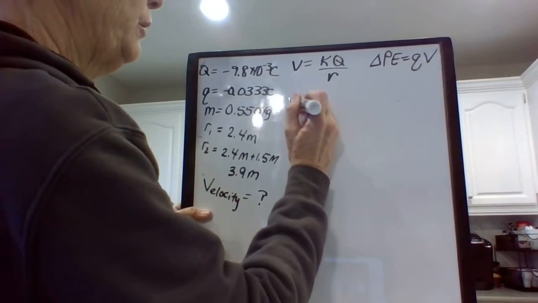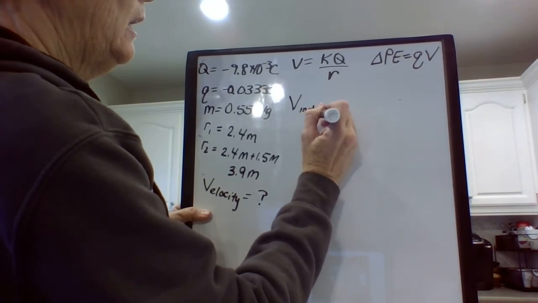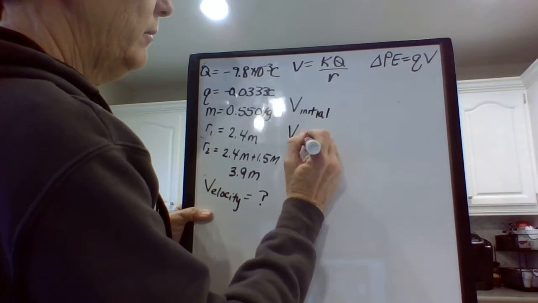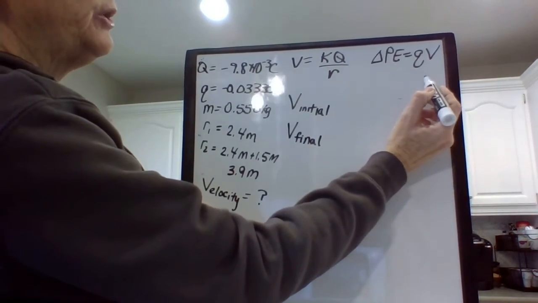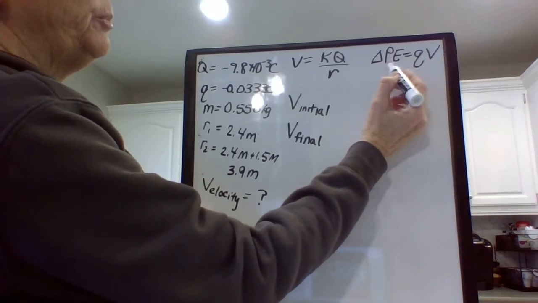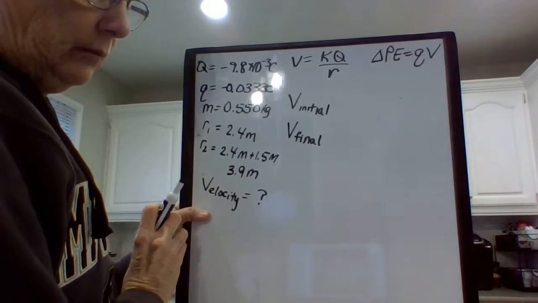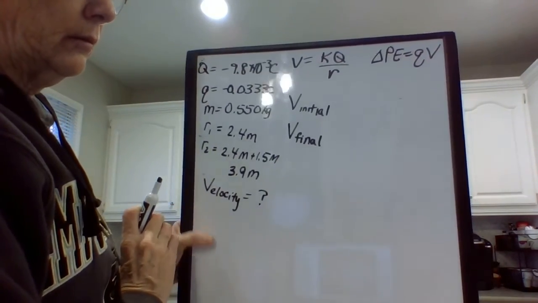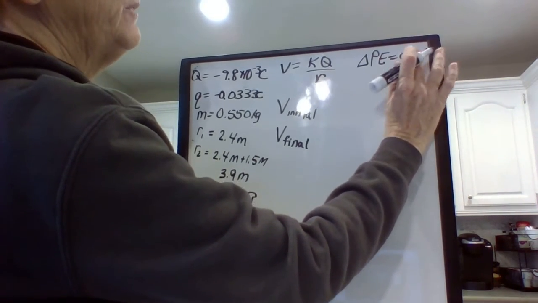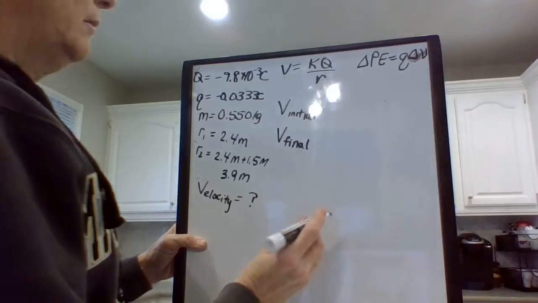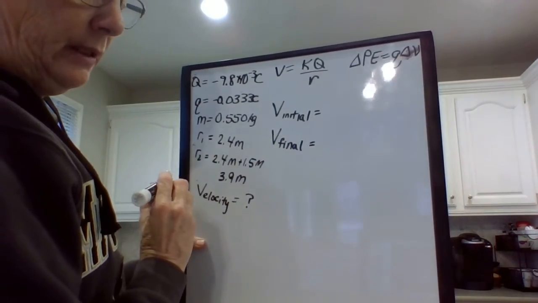So find your initial voltage, electrical potential. Find your final, and then use this equation to determine what the change in potential energy will be. This should be change. That should be delta V. Okay. So pause while I write it on here.